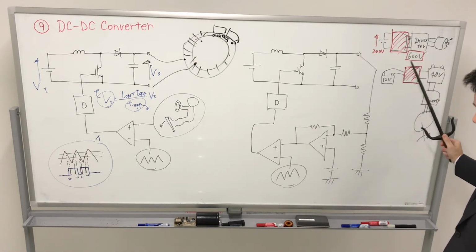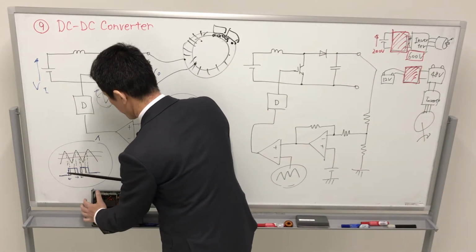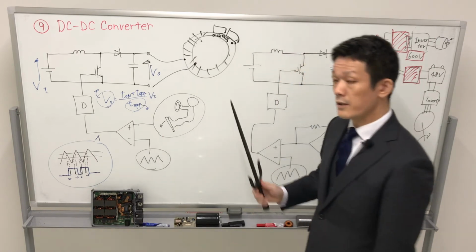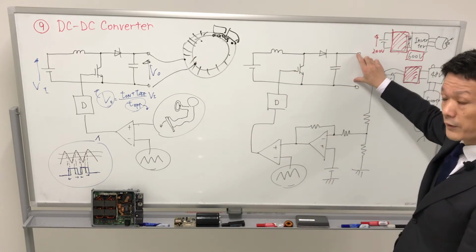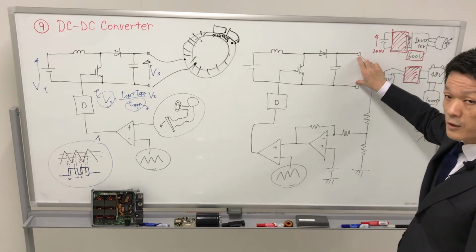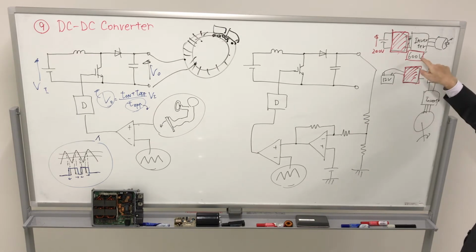In the automotive area, in the case of the DC-DC converter, we must obtain a constant output voltage. Constant voltage is required.